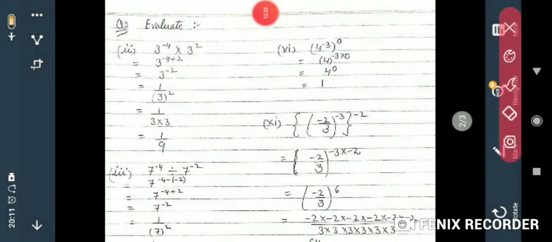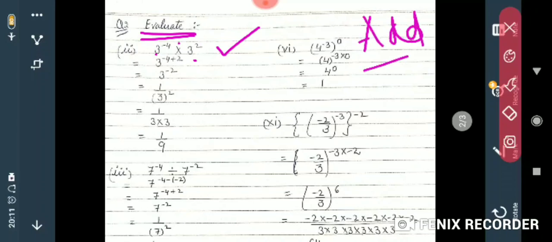Now next question, evaluate. 3 to the power minus 4 multiplied by 3 to the power 2. As I explained before, just see the base 3. Both are having the same base. When the bases are same as well as the multiply sign is there, then the powers are added. So we will add these powers. What are the powers?